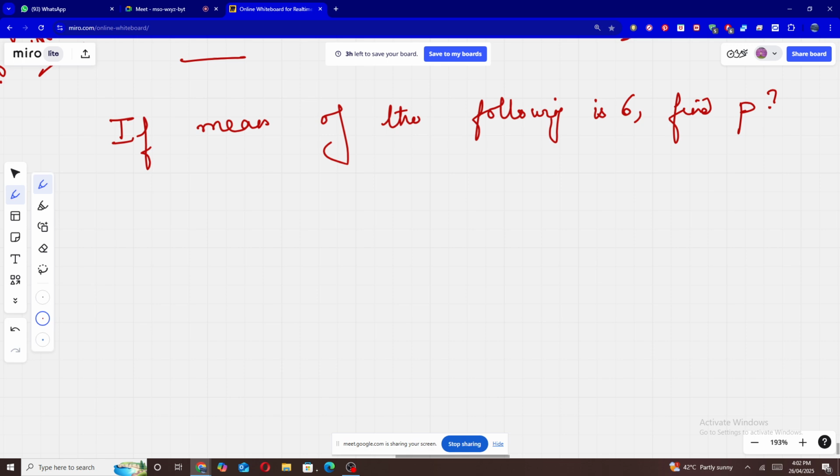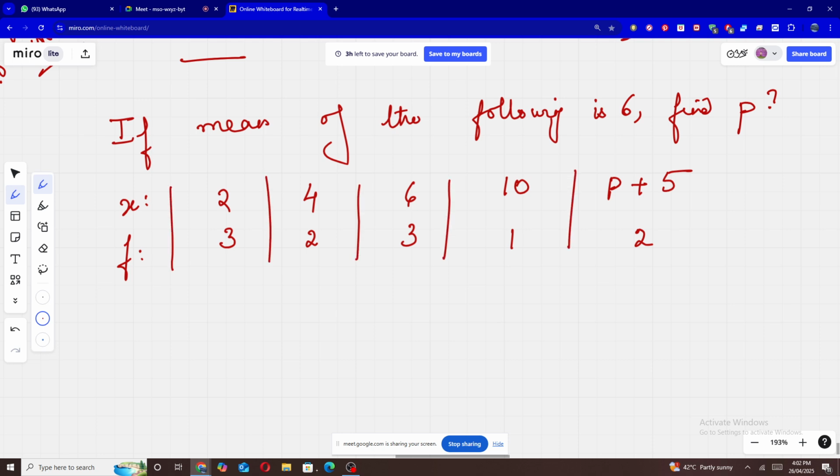So what is given to you? Mean is already given to you. So this is the data. After the question, make your table properly.